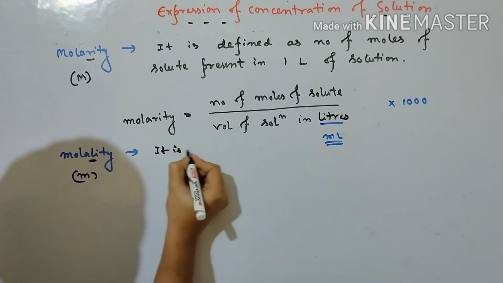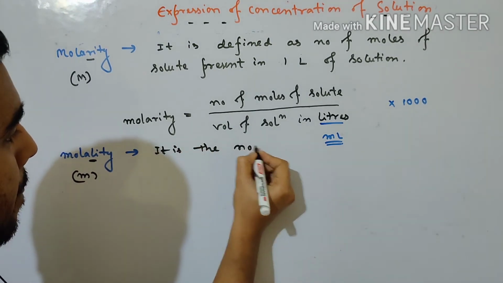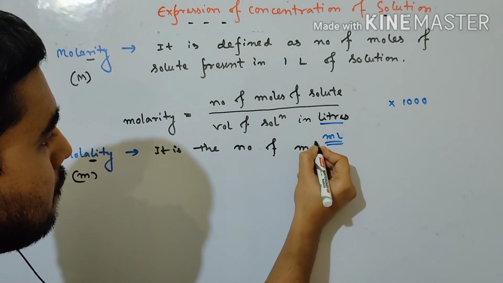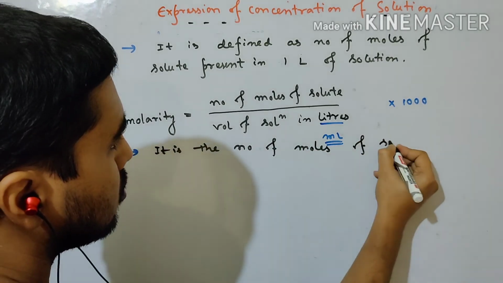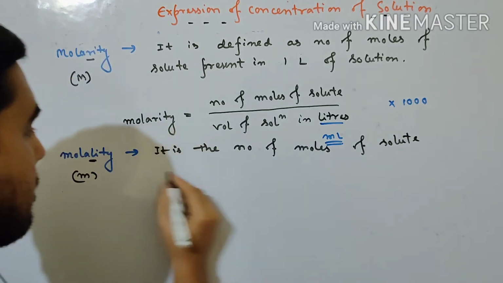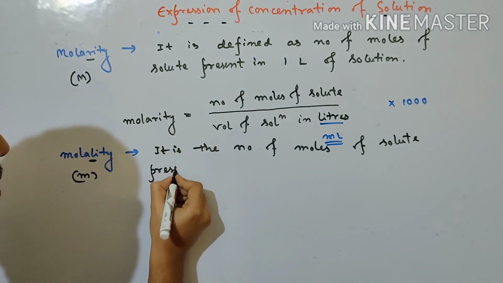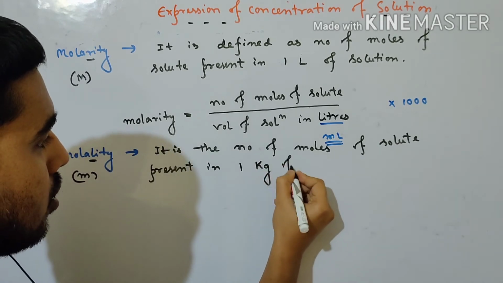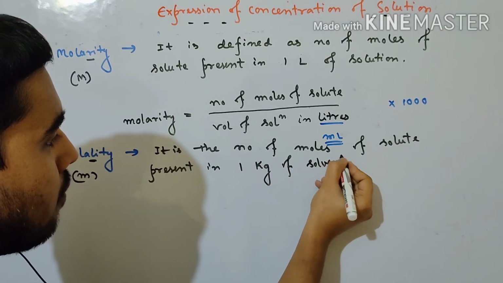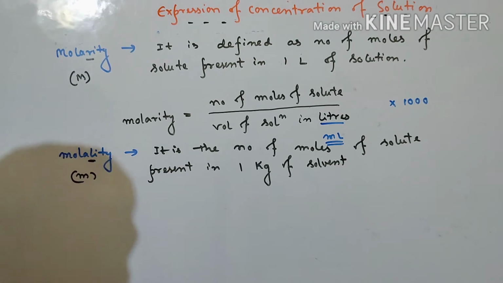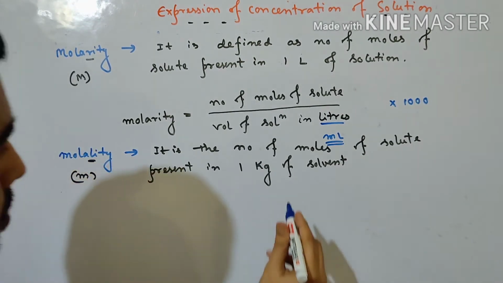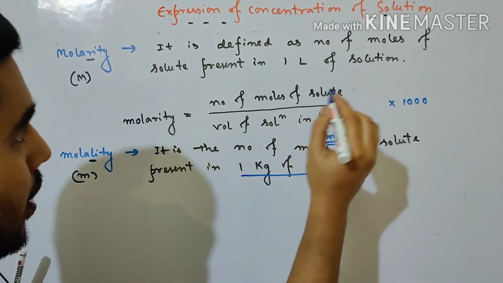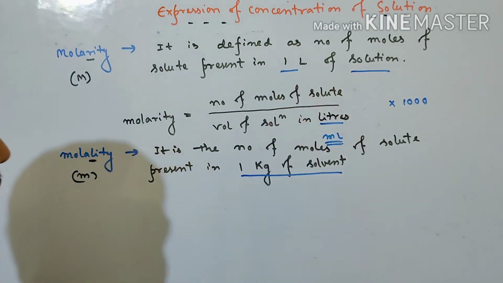Carefully see the basic difference: 1 kg of solvent, and here it was solution and it was in liter.